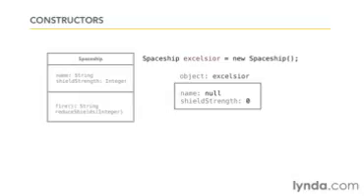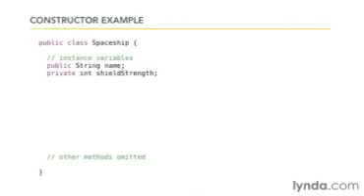Now, I could start setting its values, but what if I wanted to create it in a meaningful state to begin with? Well, we can provide constructor methods to do this. Basically, a constructor can make sure that any variables belonging to that object are immediately set to the right values as soon as the object is created. In Java or C# or C++, what you do in the class is you create a constructor by simply creating a method in the class with the same name as the class.